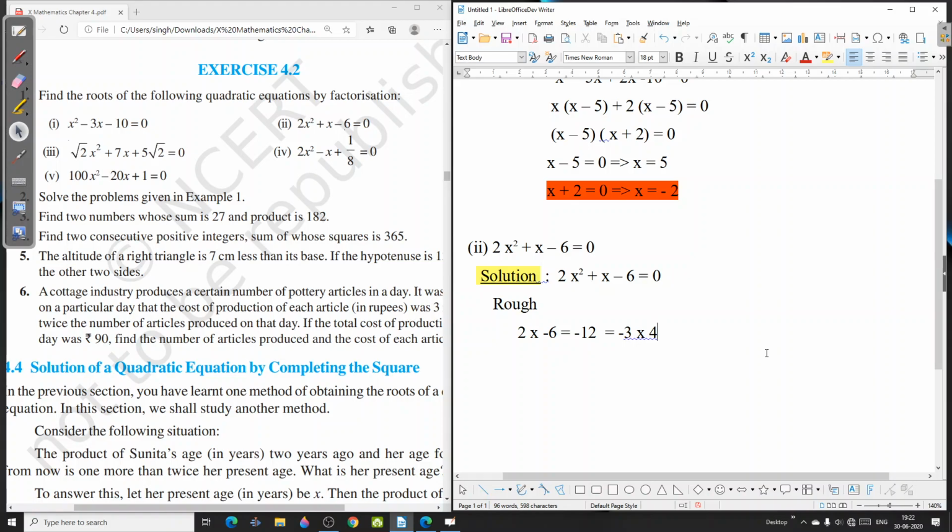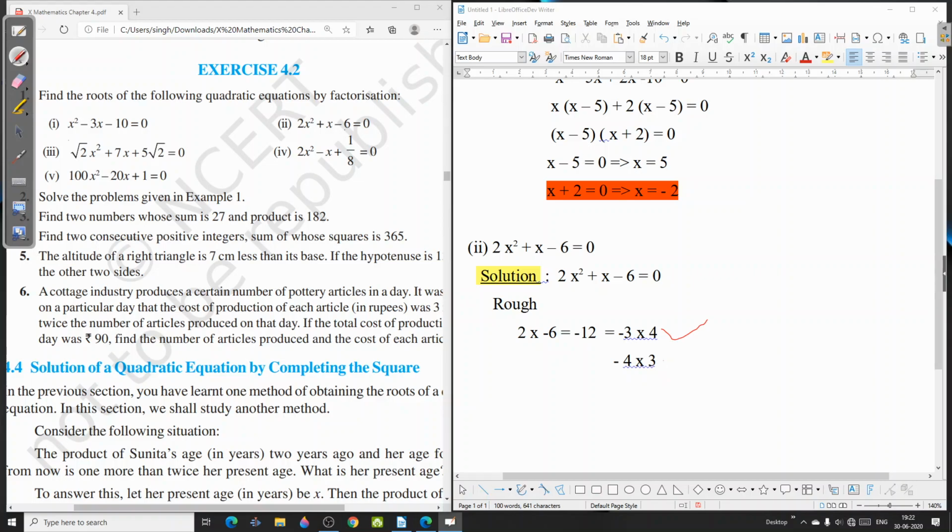I will show you the other case, that is minus 4 into 3. Minus 4 into 3 is minus 12, but on adding minus 4 and 3, what you get is minus 1, and on adding minus 3 and 4, what you get is 1. So therefore this is correct.